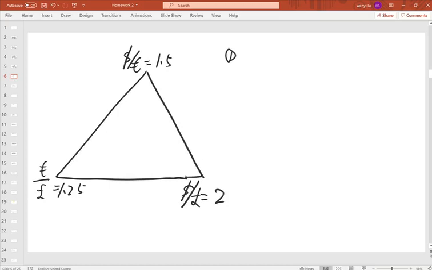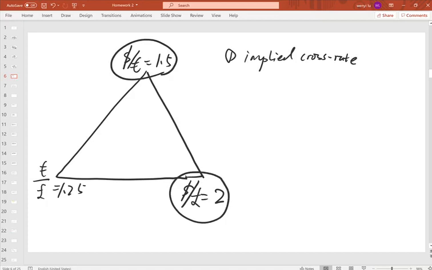The first one, we need to solve the implied cross rate from our two US quotes, and we need to solve the rate from the euro to pound, right? According to our steps in class, we need to determine whether it is a division or a product.